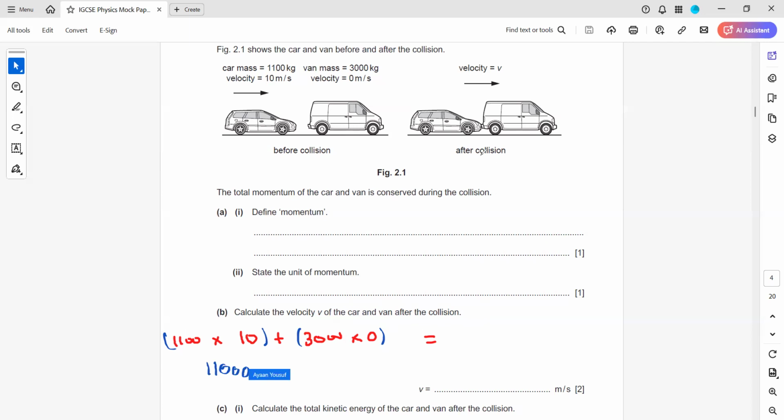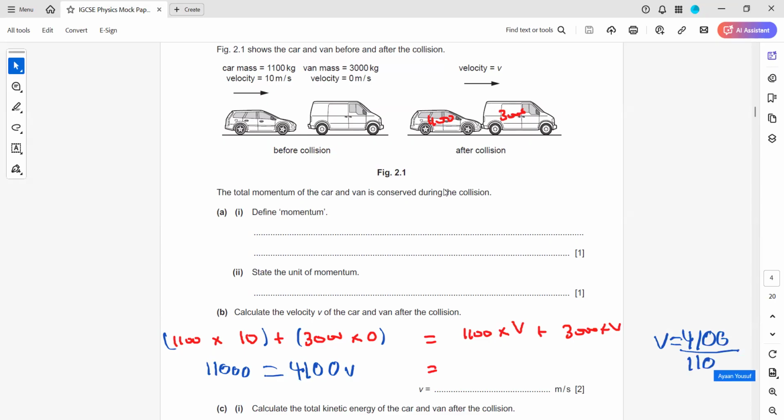Then, because they stick together, the mass after is 1100 and 3000. So the total is 1100 times the velocity v, plus 3000 times the velocity, also v. When we add, it will be 4100 v.